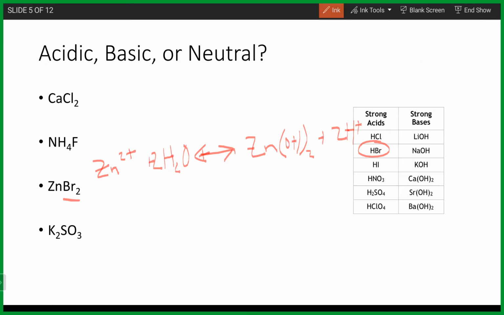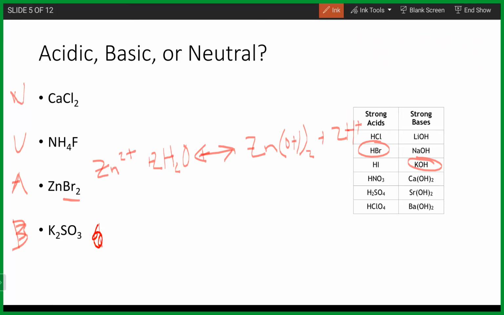So far we've got neutral, unpredictable, acidic, and then we'll see in this case, that should be basic B, because the potassium is going to be part of potassium hydroxide, so nothing's going to affect the pH there. It's going to be the conjugate acid of that strong base.